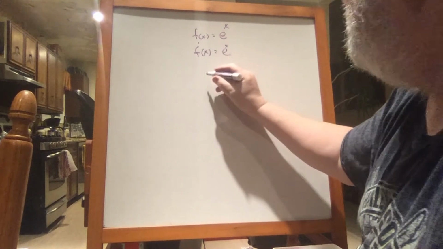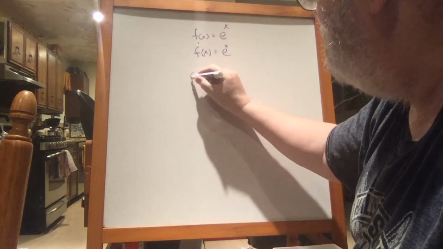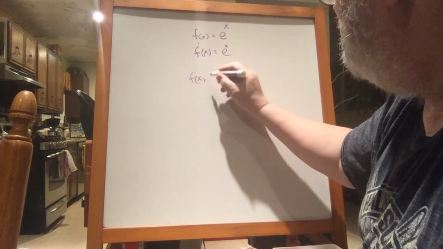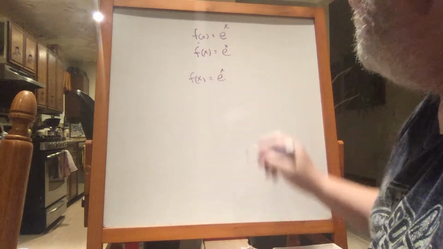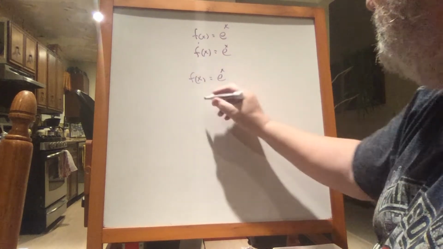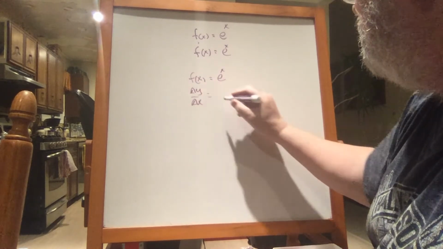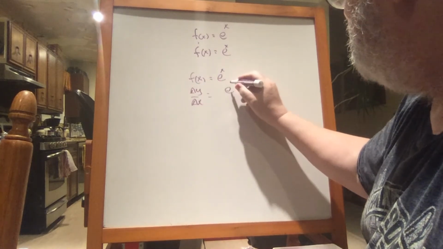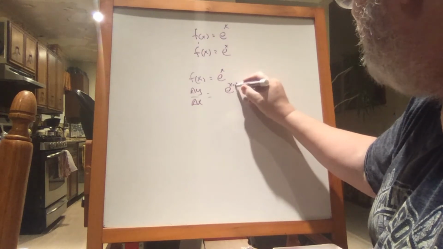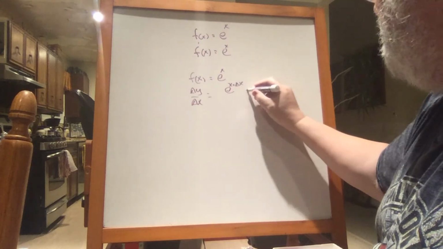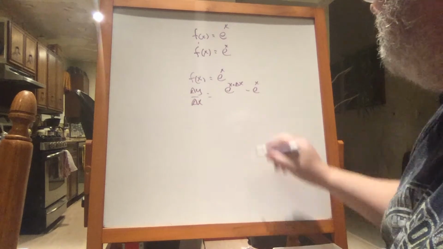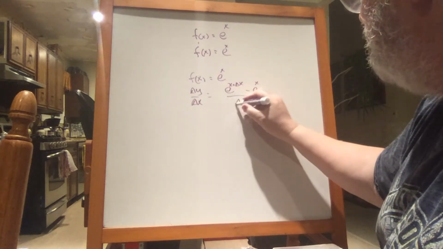And we did that by looking at f of x equals e to the x, and delta y over delta x equals e to the x plus delta x minus e to the x over delta x.